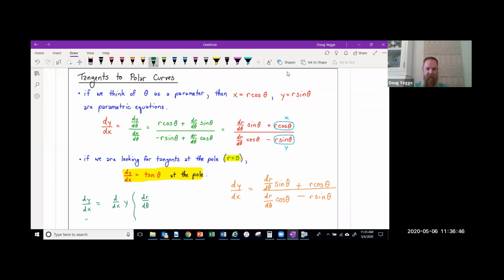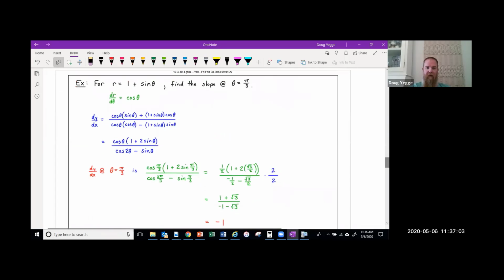That's right. All we've got to recognize is that d theta of r means to take the derivative of your function. It's just that now your function is r in terms of theta. So when I take my derivative, all I'm doing is recognizing that if r is 1 plus sine theta, then I differentiate r, which is cosine theta.